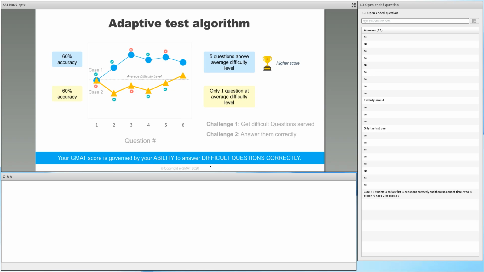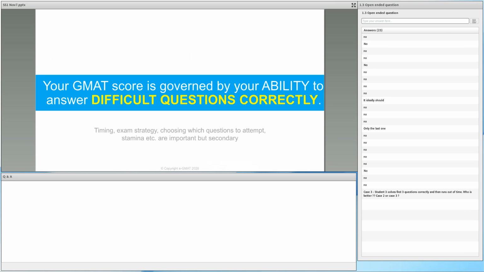That's something which I want you to take away from this entire exercise, that your GMAT score is governed by your ability to answer these difficult questions correctly. And that's really important. Why? Because when we think about that GMAT score, and we think about a bunch of these other things, such as timing, exam strategy, choosing which questions to attempt, stamina, and so on and so forth, those are important.